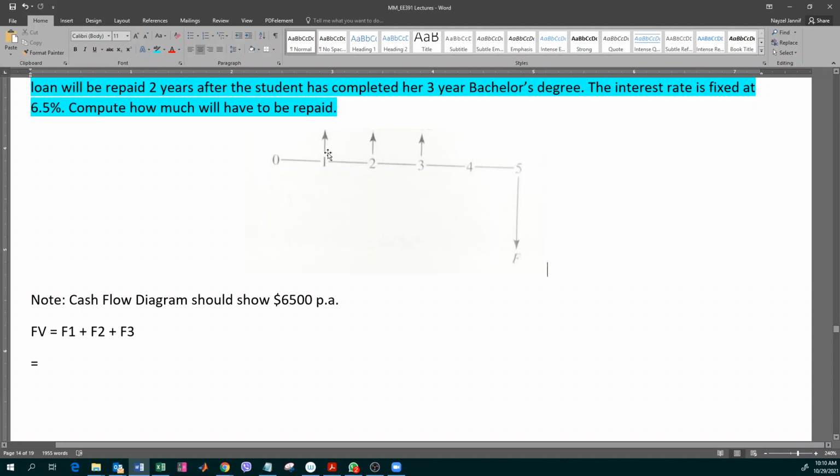This is the catch: when you use F given A, the A continues all the way till the final year. If you wanted to use F given A, the A would have continued all the way till the final year.